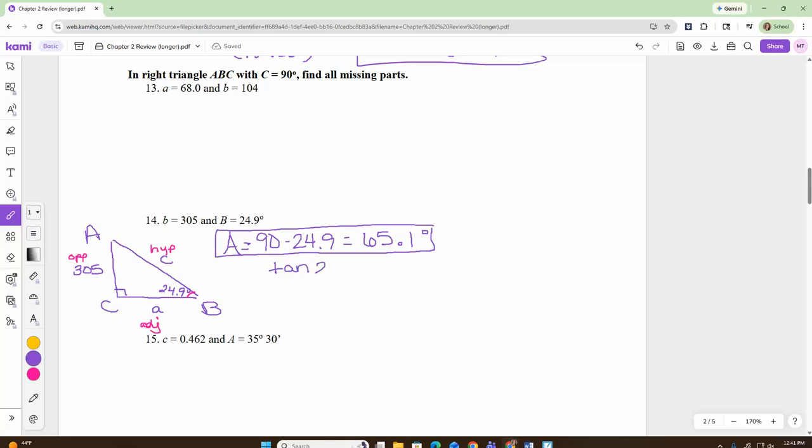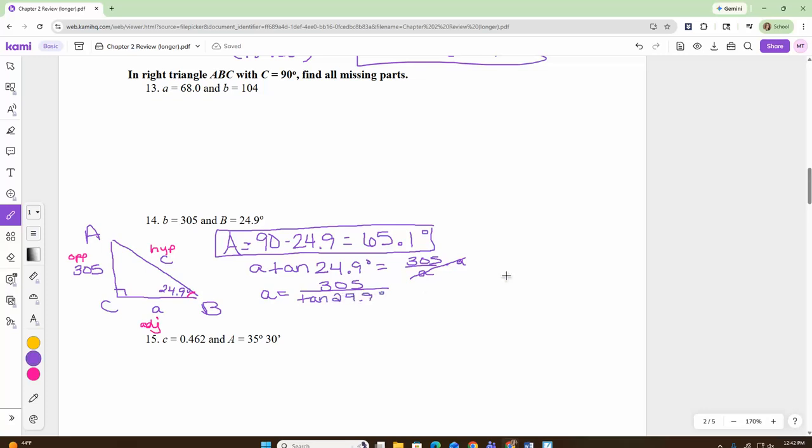Tangent of angle B, so the tangent of 24.9 degrees equals the opposite side, 305, over the adjacent side, A. Make sure on the test, I know it's tempting a lot, especially on these questions where it's all on your calculator, write out what you're doing so I know in case you make a mistake. To solve this, you would multiply over your A. So then to get A by itself, you just have 305 divided by the tangent of 24.9 degrees.